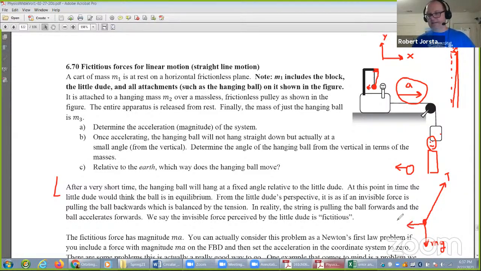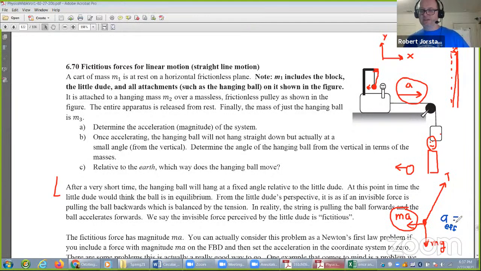There isn't, but if that student or whomever that little dude is said, let's pretend that there's a force to the left with magnitude MA. I'm going to pretend that's true. And then the little dude could say, if I do that, effectively the acceleration is 0. They would actually correctly compute everything.